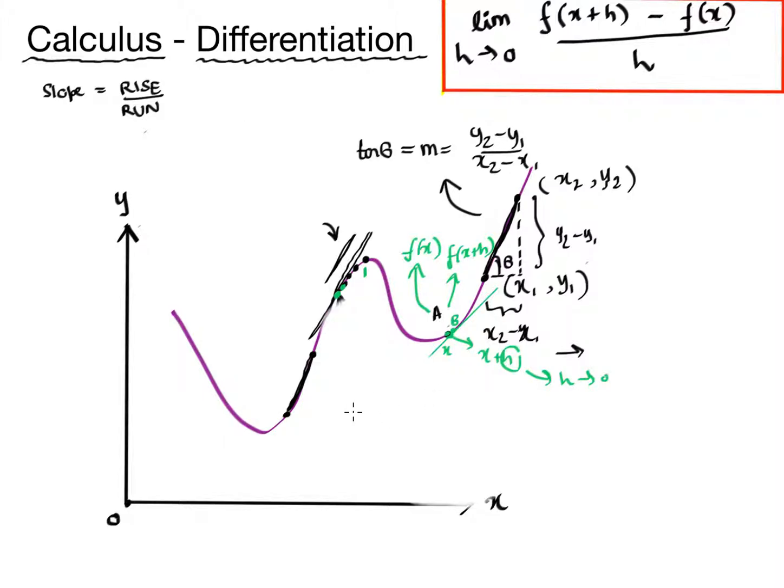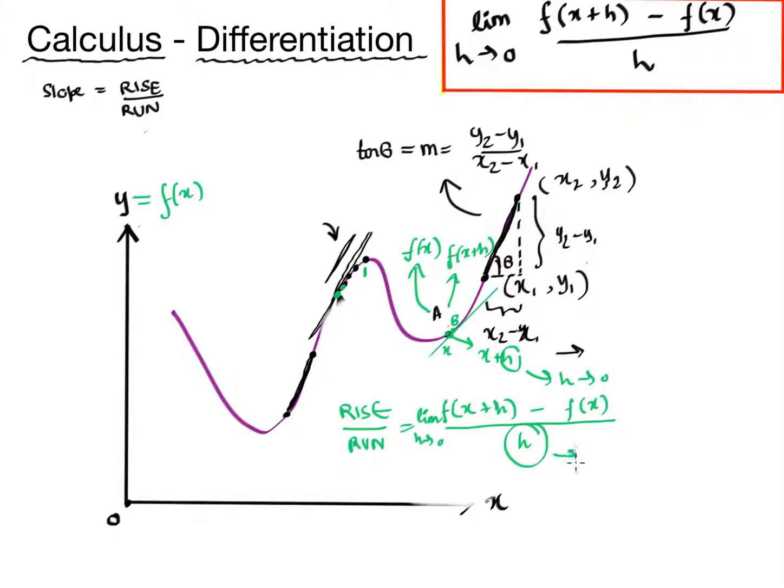Again, it would be rise upon run, because it should be the difference in the y value, which is f of x plus h minus f of x, divided by h. And how small is h? It is the limit as h approaches 0.